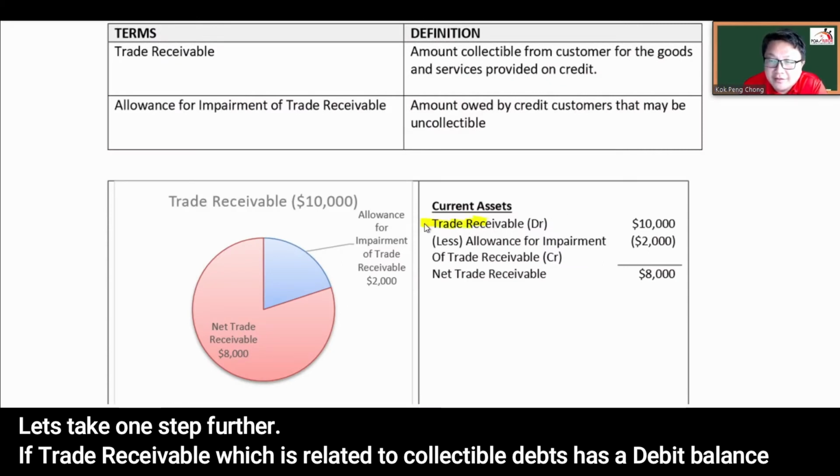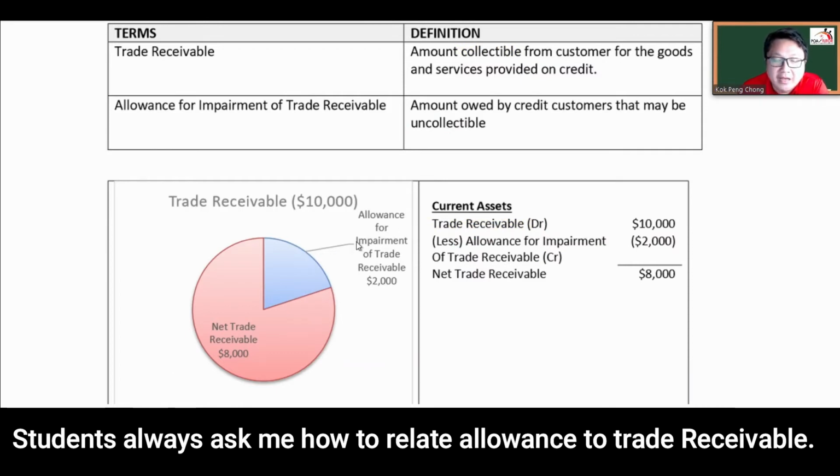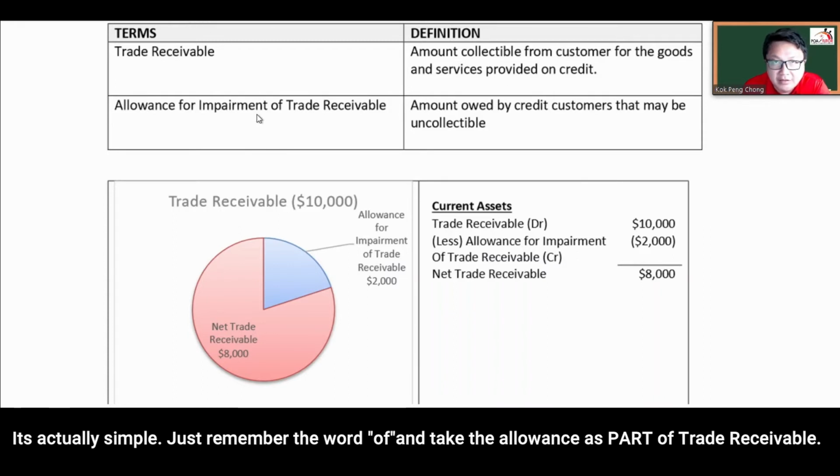Let's take one step further. If trade receivable, which is related to collectible debts, has a debit balance, then allowance for impairment of trade receivable should have a credit balance since it is related to uncollectible debts. Students always ask me how to relate allowance to trade receivable. It's actually very simple. Just remember the word of and take the allowance as part of trade receivable.